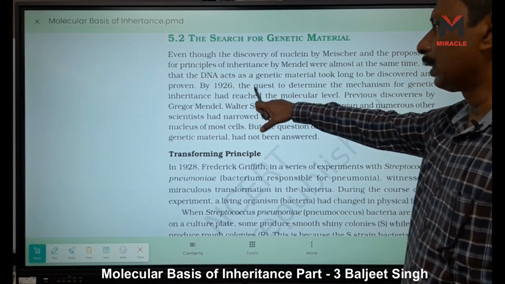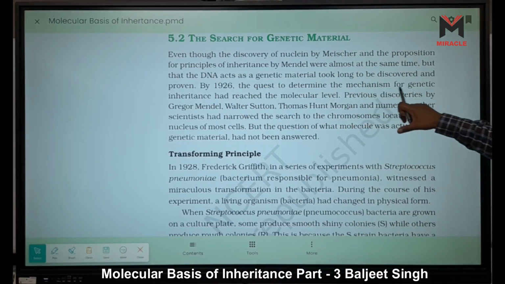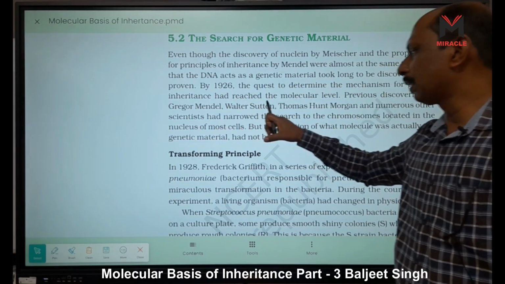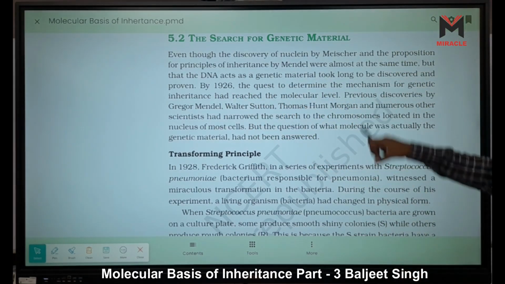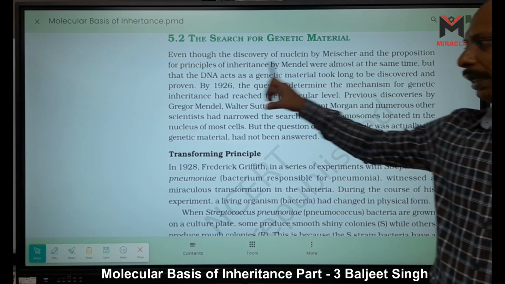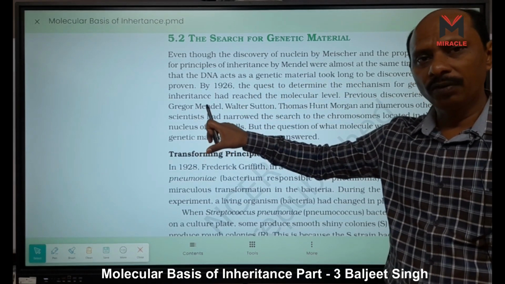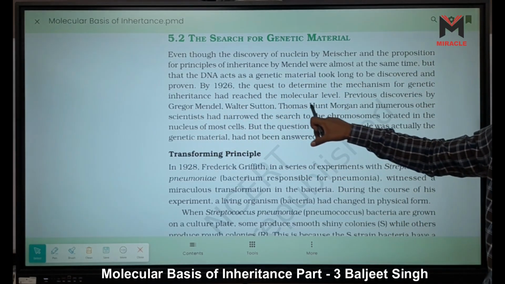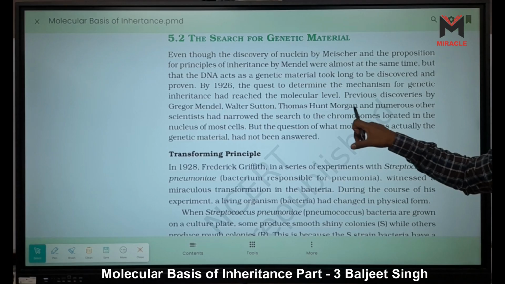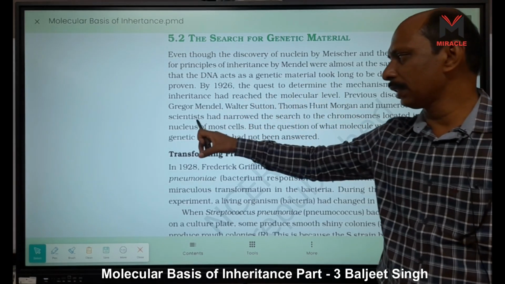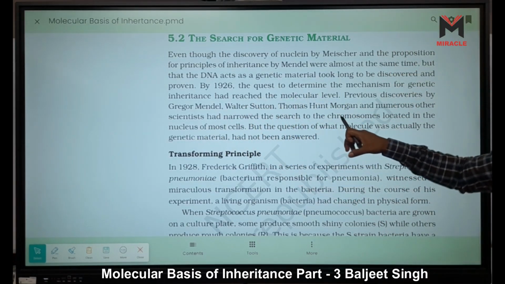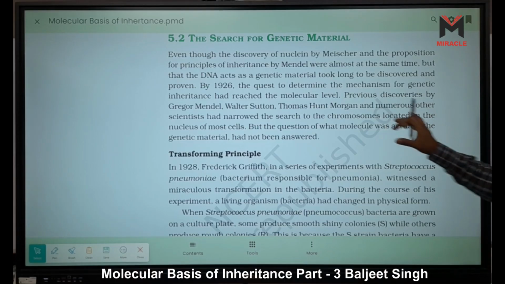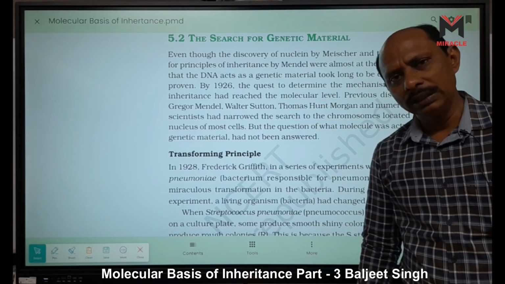By 1926, the quest to determine the mechanism of genetic inheritance had reached the molecular level. Previous discoveries by Gregor Mendel, who called them factors, Walter Sutton, Thomas Hunt Morgan and numerous other scientists had narrowed the search to the chromosomes located in the nucleus of most cells.